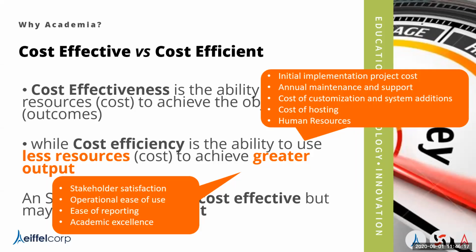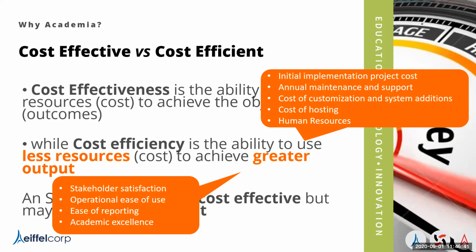The human resource cost, and that comes with the implementation project, so the first cycle of the use of the system, up until continuous training in the system and how easy it is to use the system. Those are all things that you must look at when deciding, is this system less resource intensive?